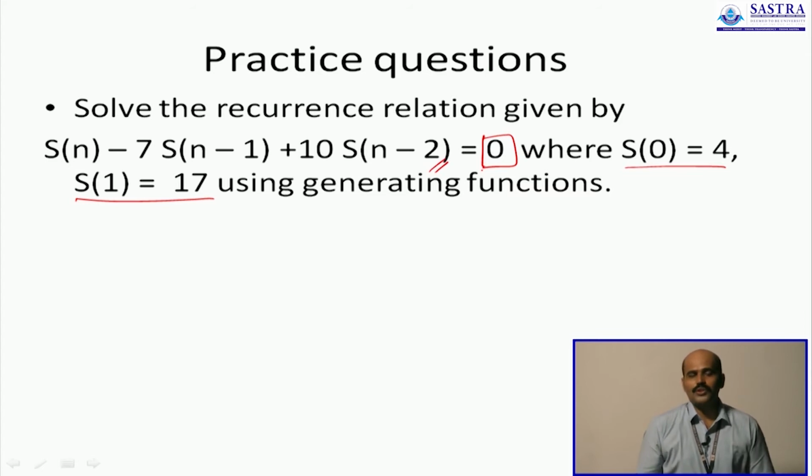Now we have already solved a lot of problems of this kind using the simple algorithm that we discussed. Now to do a final revision on recurrence relations, let's try and solve this using generating functions.